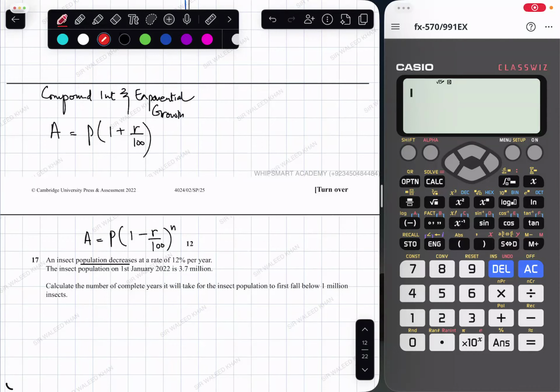Where A is the final value, P is the initial amount, the principal amount, the invested amount. R is the rate.